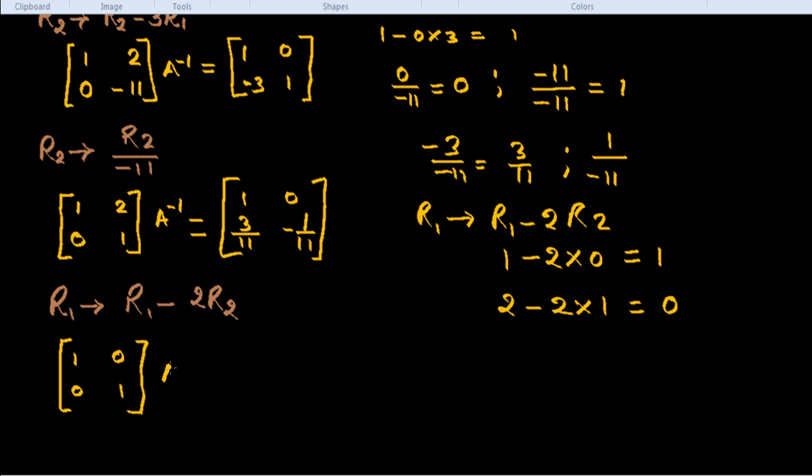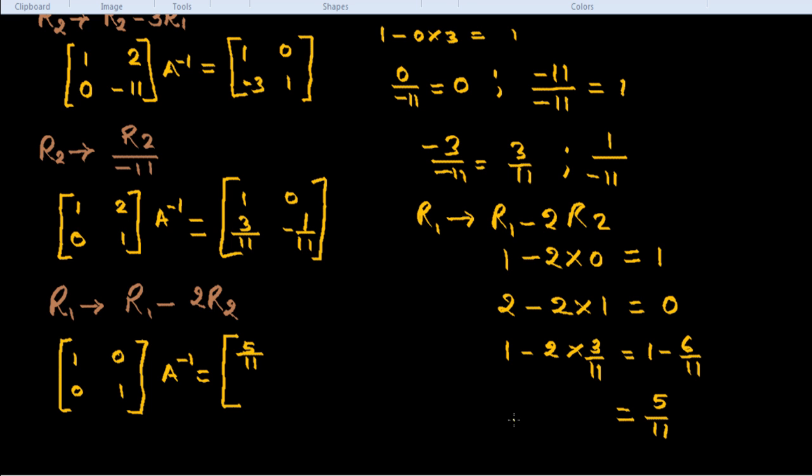So we got the identity matrix, and the same change we have to make on the right hand side. So we see 1 0, so it is 1 minus 2 into 3 over 11. So we get 1 minus 6 over 11. If we simplify this, we get 5 over 11.